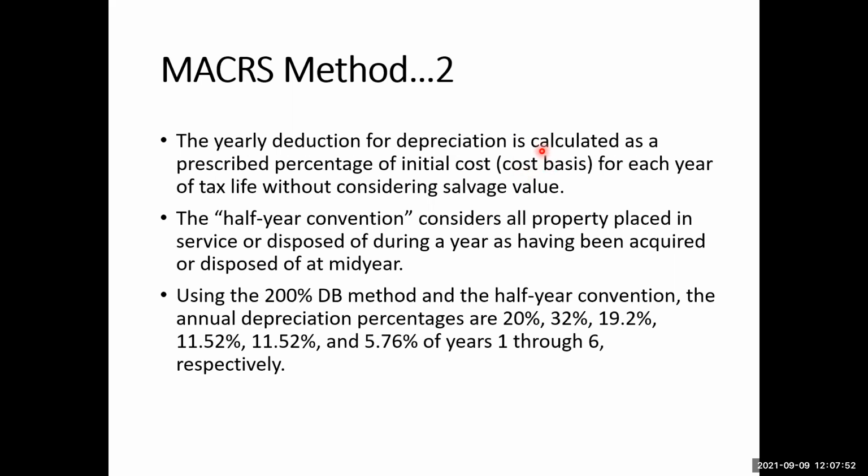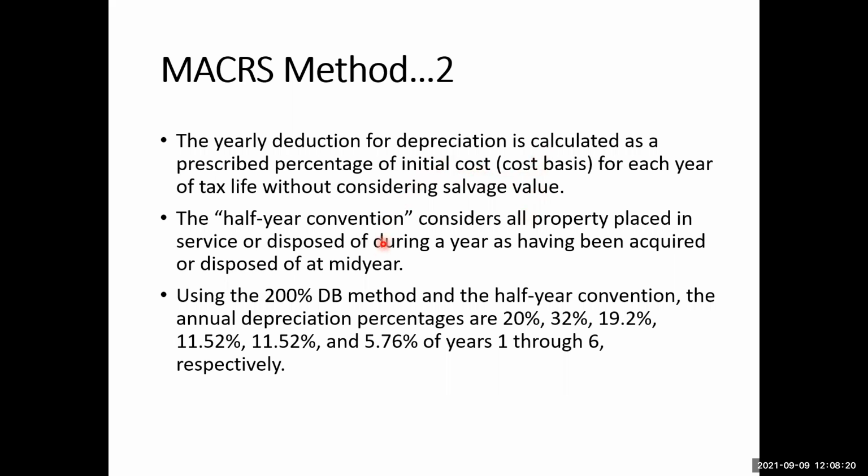Most of the things which you spend initially to purchase the equipment are included. So these include not only the initial purchase price but other related costs. That is called the cost basis, so the depreciation will be some percentage of this cost basis.